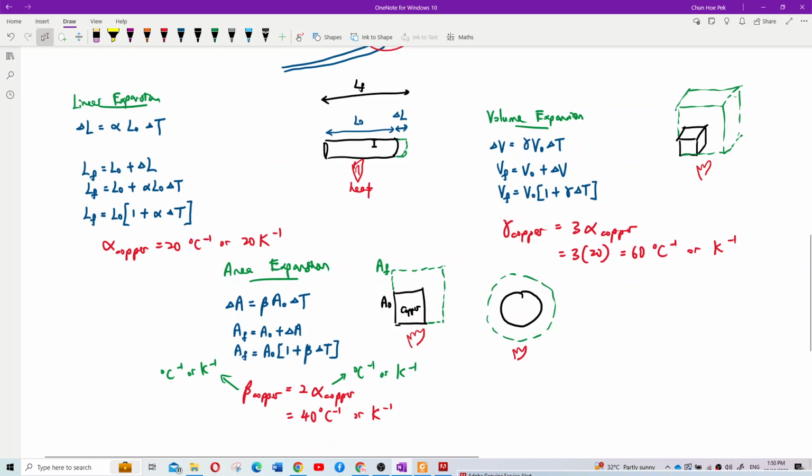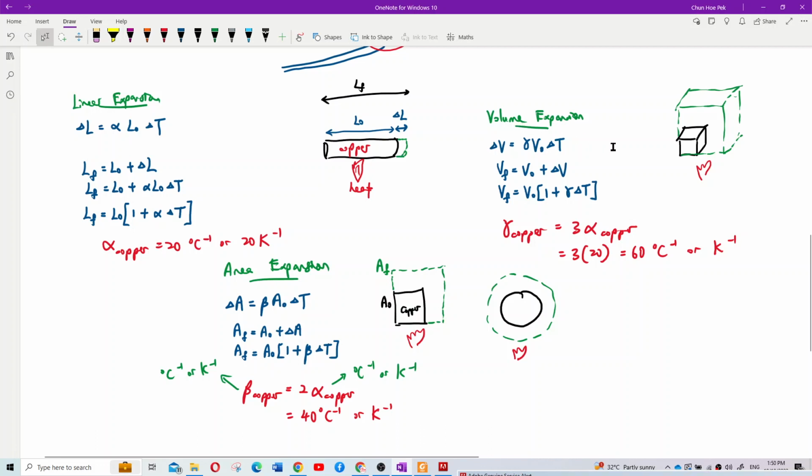So, if you have a copper rod, then you can find the change of length, delta L, using the alpha value. If you have a copper plate, you use the beta for copper, which is 2 times the alpha.